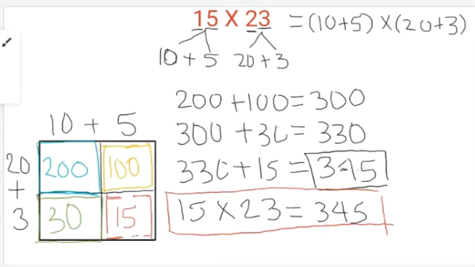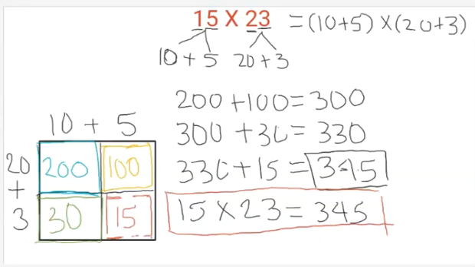So if we go back and look at what we have done, we see that we decomposed 15 by its place value. So 5 was in the ones place, plus 1 that was in the tens place. So 10 plus 5 equals 15. Same thing for 23. 3 is in the ones place, and 2 was in the tens place. So we had 20 plus 3 equals 23. Then we used our area model to see what numbers we are supposed to multiply.